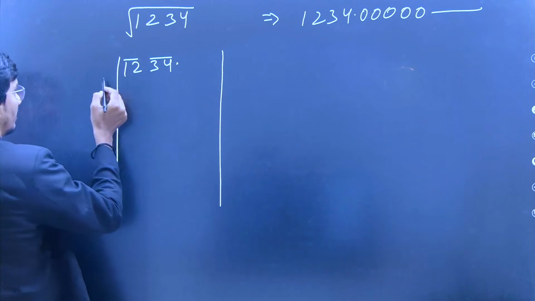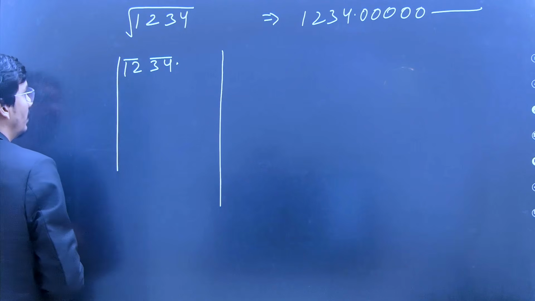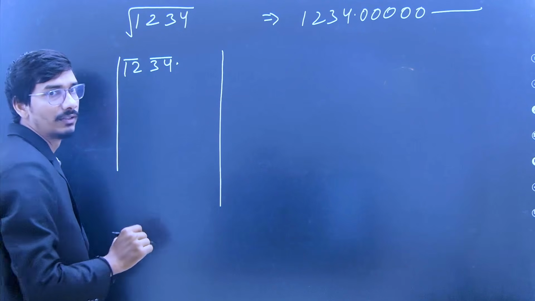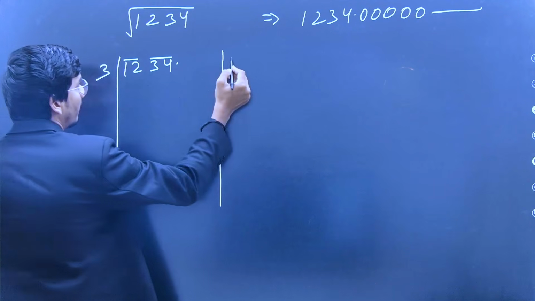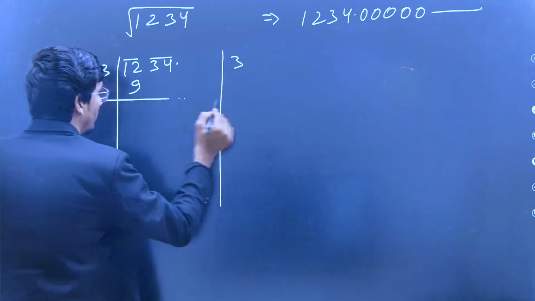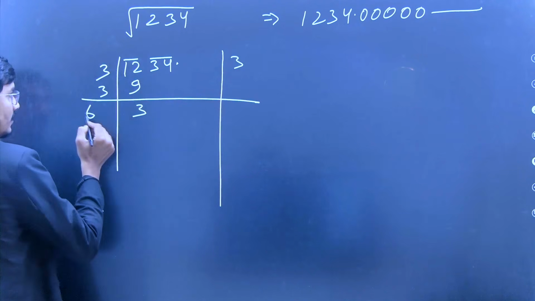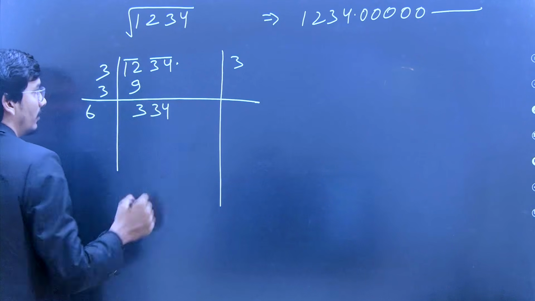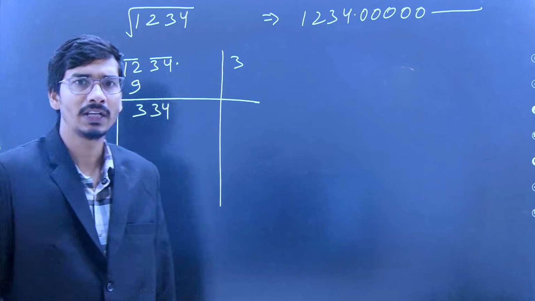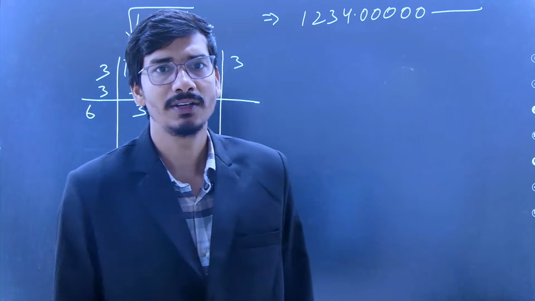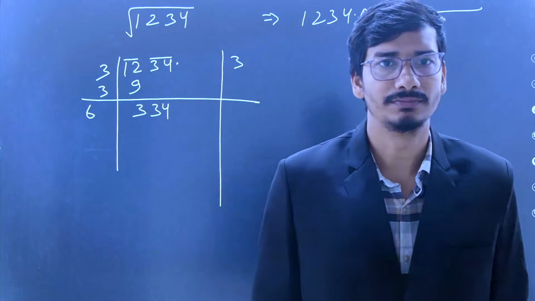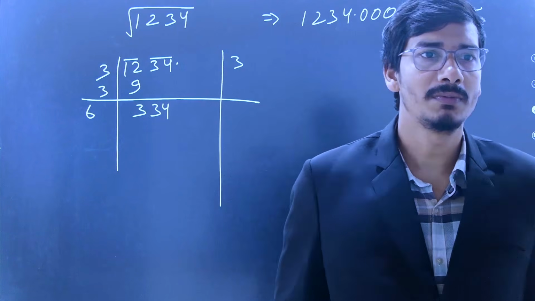Now start dividing. By what number? 2 or 3? 3. 3 times 3 is 9. Subtract, we get 3. 3 plus 3 is 6. Now bring down the next pair, 34. By what number do we multiply?